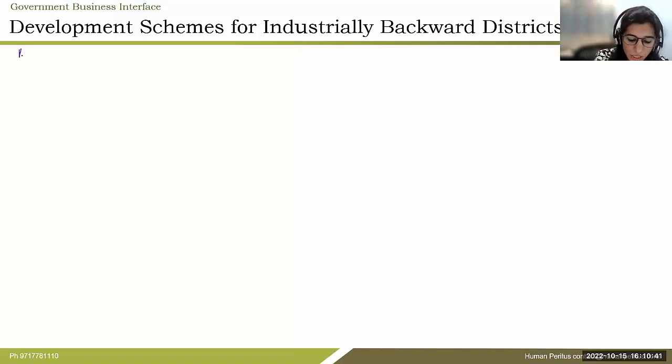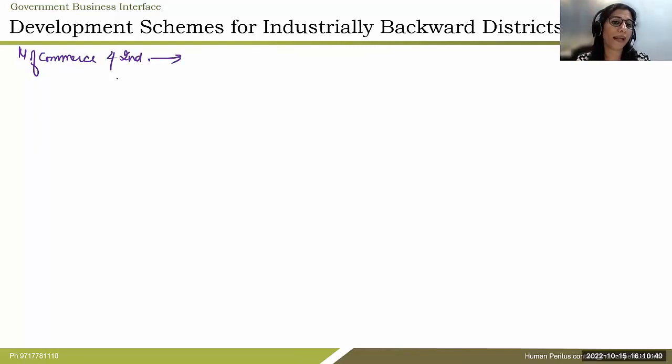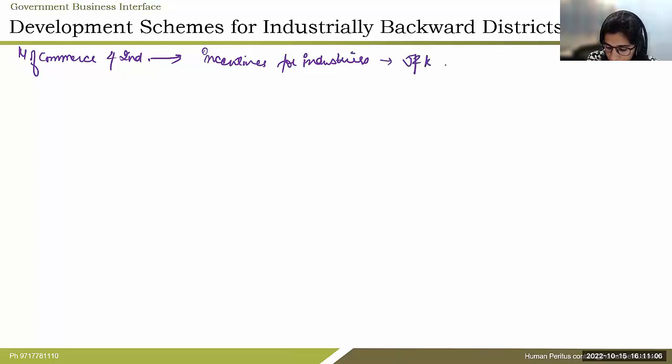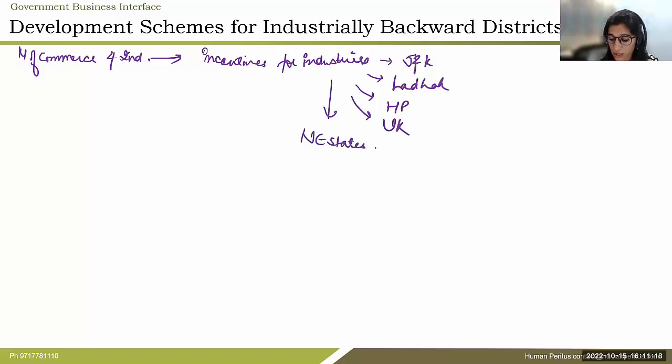Now see, the Ministry of Commerce and Industry has been implementing various schemes for providing incentives for industries to be set up in areas such as J&K, Ladakh, Himachal Pradesh, Uttarakhand, northeastern states, Sikkim as well.